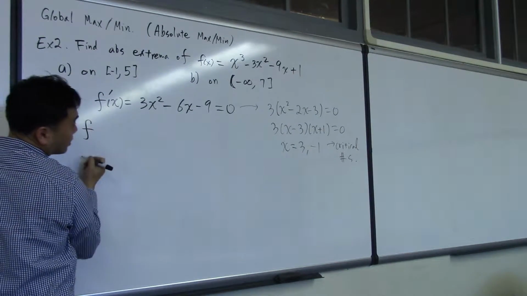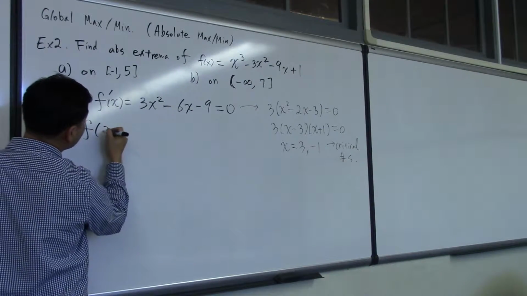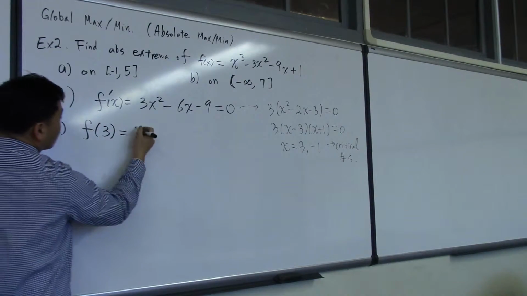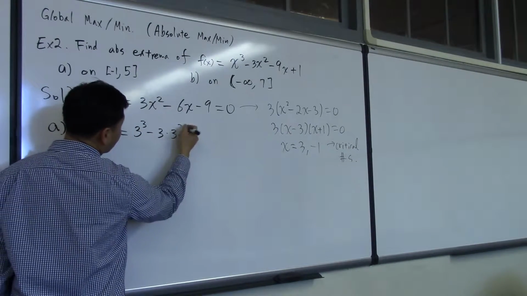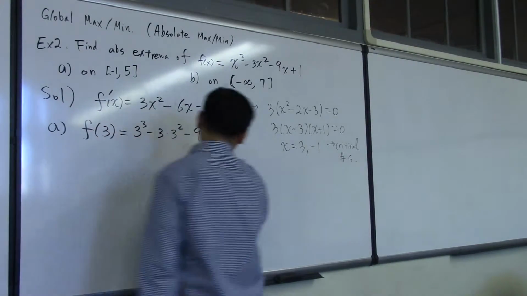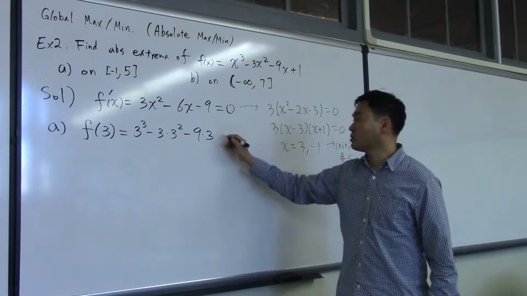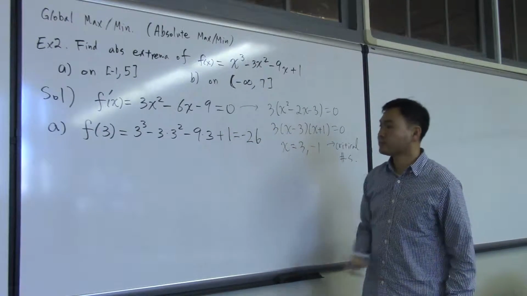F of 3 is 3 cubed, which is 27, minus 3 times 3 squared, also 27, minus 9 times 3, which is 27, plus 1. That gives you negative 26.